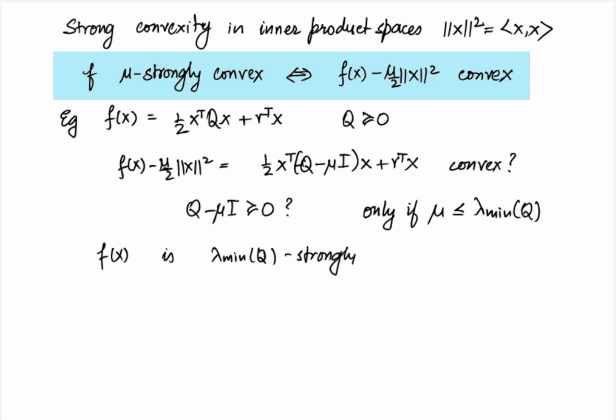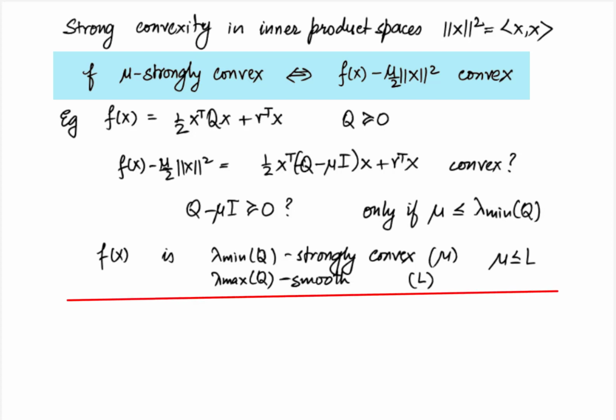Remember that in the previous video we showed that a quadratic function is lambda max Q smooth. In fact, if Q is a scaled identity, then both these parameters are equal. In general, however, for any f, the smoothness parameter L is greater than or equal to the strong convexity parameter mu, as is the case for quadratic functions.